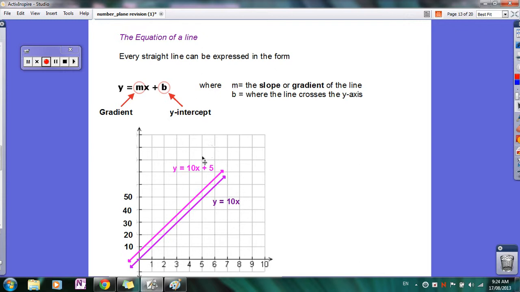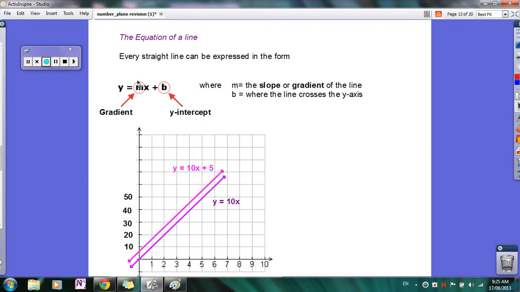The other thing we notice is that this number here, the 5, or in this case the 0, describes where the line crosses the y-axis. If I add a 5, then it moves up the y-axis 5 points, and it crosses at the point (0, 5). So every straight line can be expressed like this.